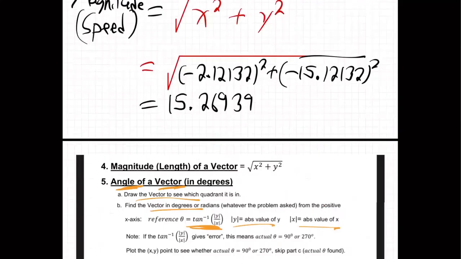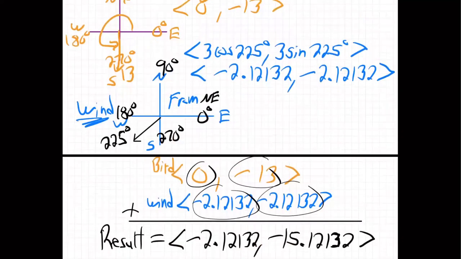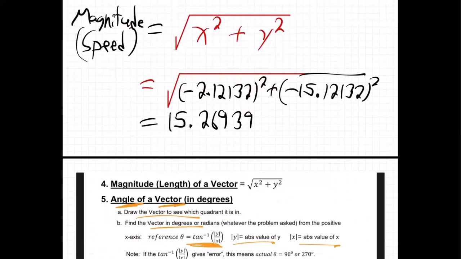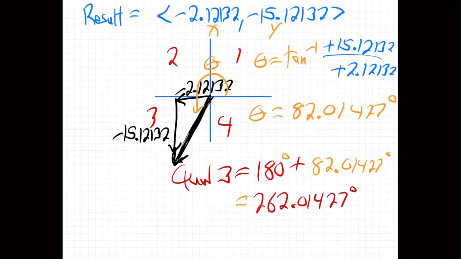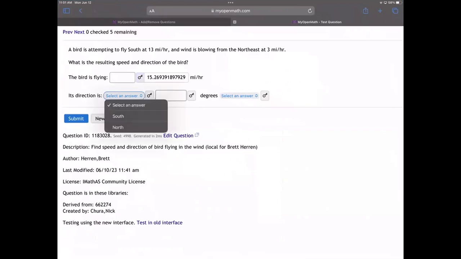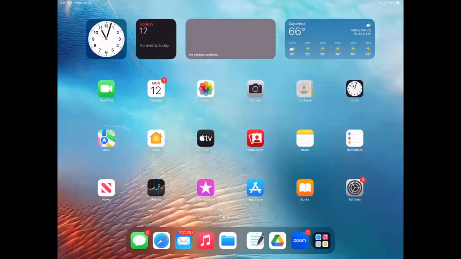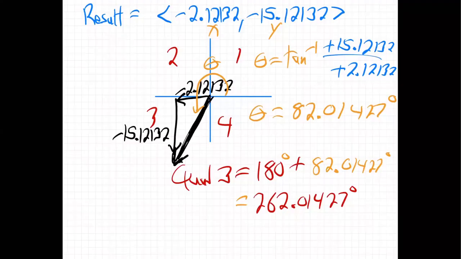Now, careful. How are they asking us the question, though? They're saying the bird is flying so many degrees north or south of something. So let's go look at our options real quick. If I click on this, the options are south or north, and then the second one is east or west. So I have to start with south or north. If I want to give it like they're asking for it, I start with straight south and then find out how far it is this way.